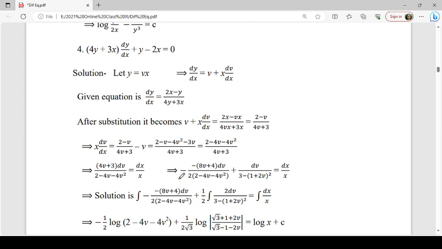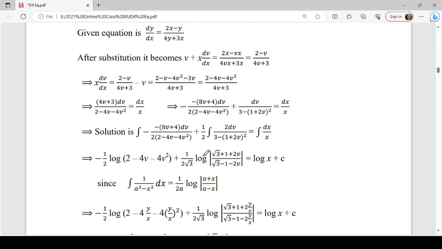It is dx by x, and we see this, if we substitute 2 minus 4v minus 4v square as z, then derivative of this is minus 8v minus 4.